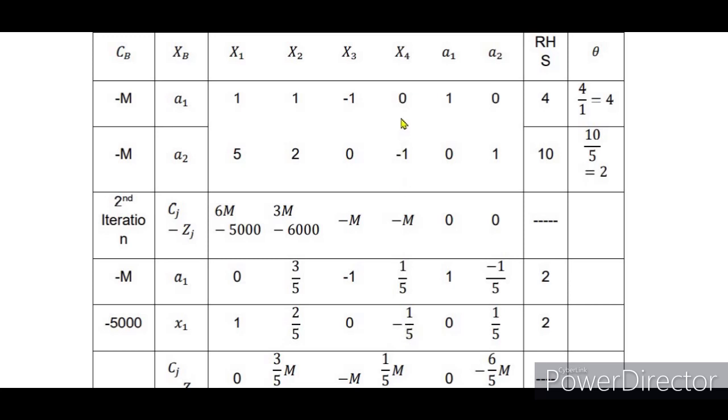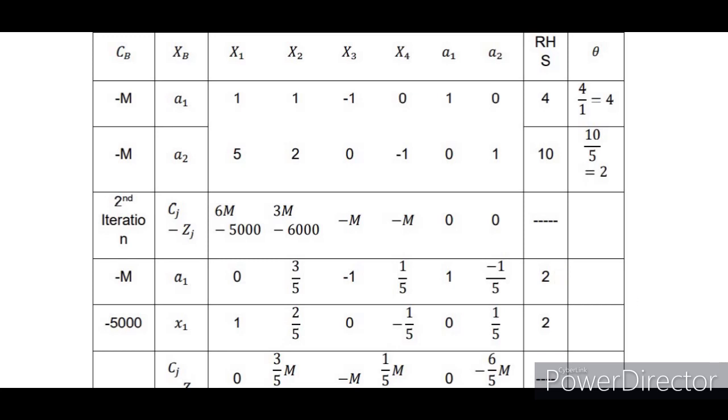So 0 minus negative 1/5 is equal to positive 1/5. Next, 0 times 1 is 0. So 1 minus 0 is 1. Next, 1/5 times 1 is 1/5. So 0 minus 1/5 is negative 1/5. Next, 2 times 1 is 2. So 4 minus 2 is 2. Okay, do you get it?